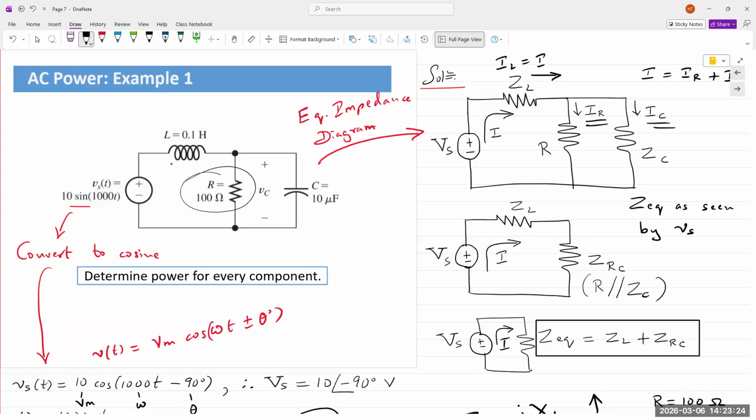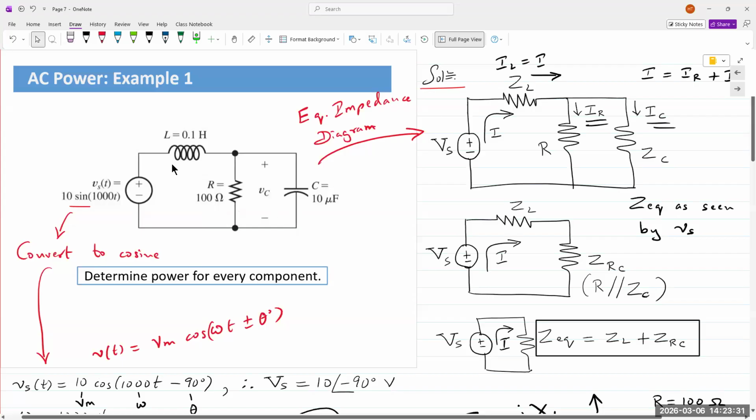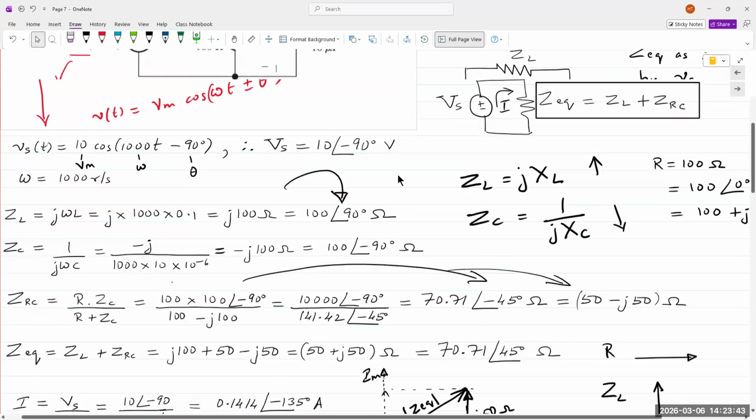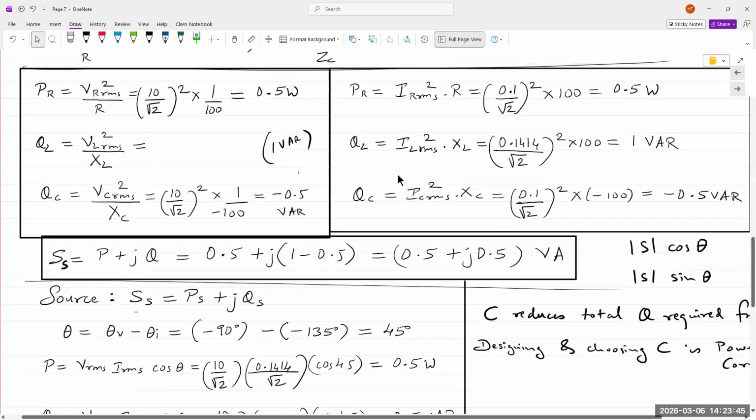We need the same thing for the inductor and the capacitor, no difference. So to solve this, first we need to determine the voltages and currents across each of these. Let's work from the top down.